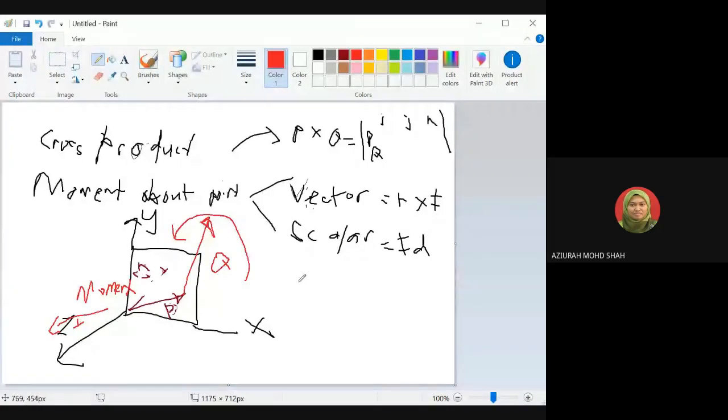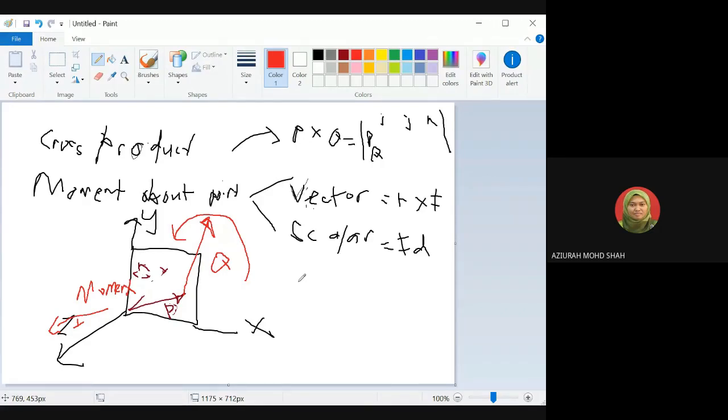Okay, so for your level, we only consider 2D. When we talk about 2D, it means within the same plane. So if it is 2D, it means you can have I, J, no K. Or you can have J, K, where the I is 0.